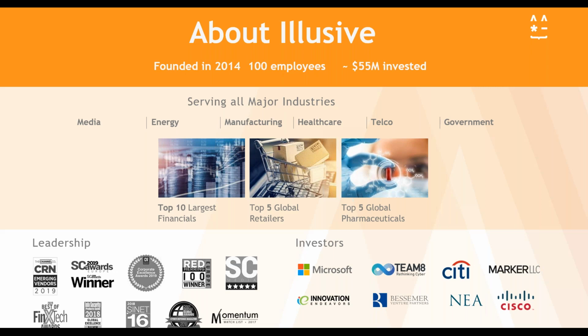Not everyone on the session may be completely familiar with Elusive. So quick note, founded back in 2014, we're about 100 people serving major industries. We've been around for a while, and one of the things that makes us unique as a company is that our founders came out of nation state red team work.